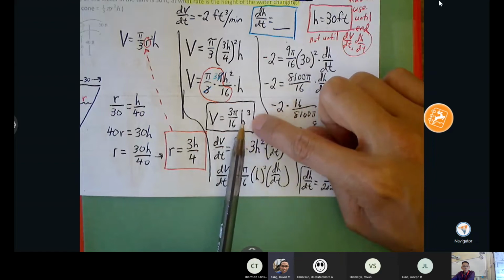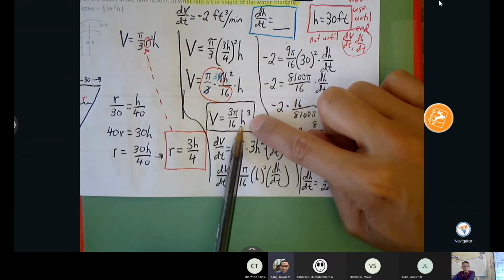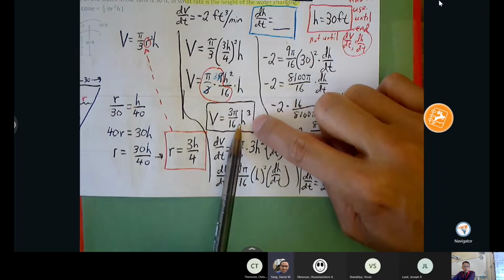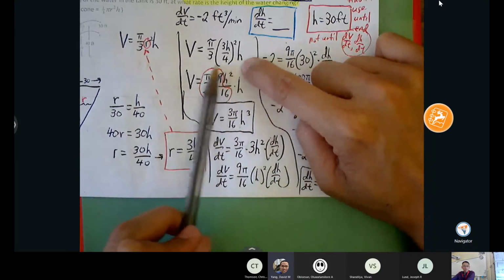So we don't want any h's. We don't want multiple h's. We don't want any variable in the denominator. With power rule, we want to make sure that everything is nice and ready, right? We don't want radicals. We don't want variables in the denominator. We don't want any parentheses with multiple h's. So this is not ready for power rule, right?